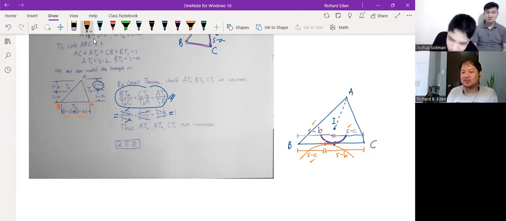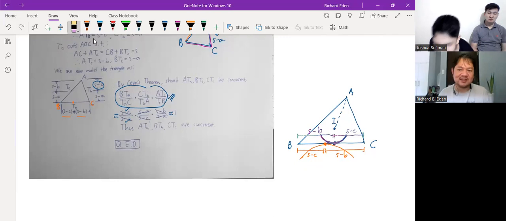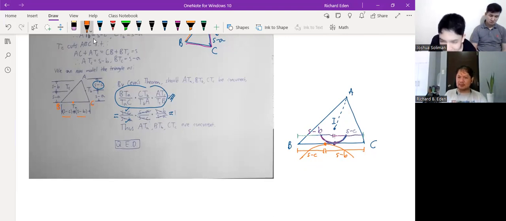So if this is S minus B, then naturally this is also S minus B. What's nice is that those lengths are not random. They are related, and because they're the same, if you take the midpoint, this is the midpoint of BC.